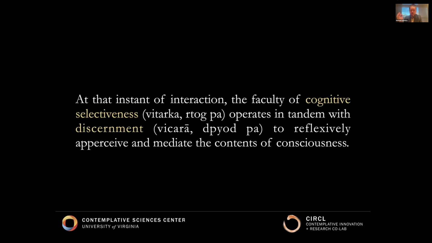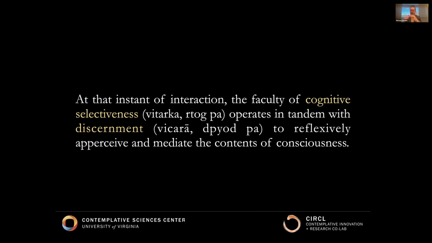In that instant of interaction, where there's this coming together, this kind of contact, there are further faculties of the mental faculty, of the faculty of mind. There's a faculty of cognition, or what I'll call cognitive selectiveness, that operates in tandem with a cognitive faculty called discernment to reflexively apperceive and mediate the contents of consciousness.